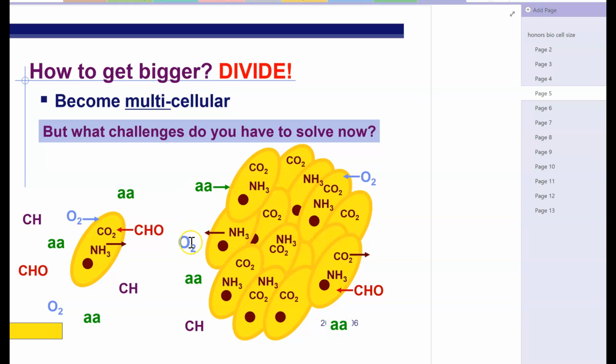To solve this problem of getting things in and out and having enough material for metabolism to work, the challenge is solved by being multicellular. So the cell divides anytime it gets a little larger than it should be.